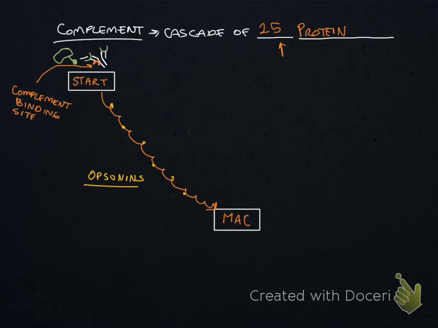And the real definition for an opsonin is any chemical that can initiate phagocytosis. These opsonins are inflammatory molecules that will initiate phagocytosis.